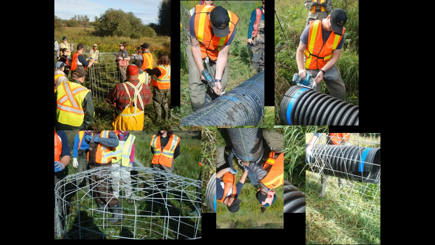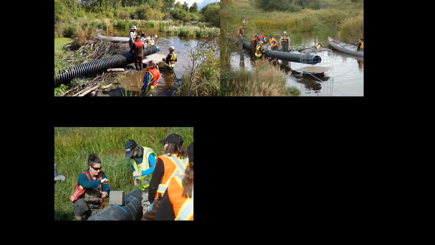Working on shore nearby, you build the cage, you drill holes in the pipe so it will sink, and you cut out a notch so that it allows the water to create less noise as it's entering and exiting the pipe. And then of course you put the pipe inside the cage to get it out there.